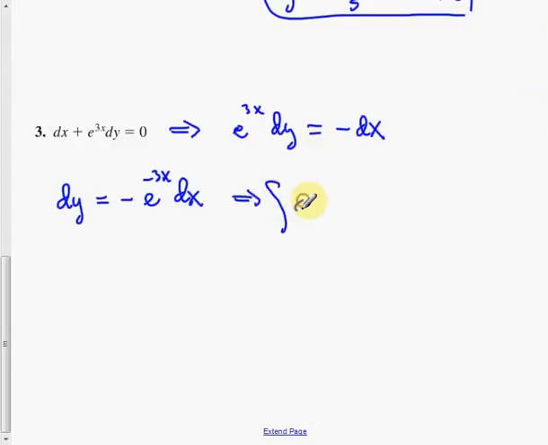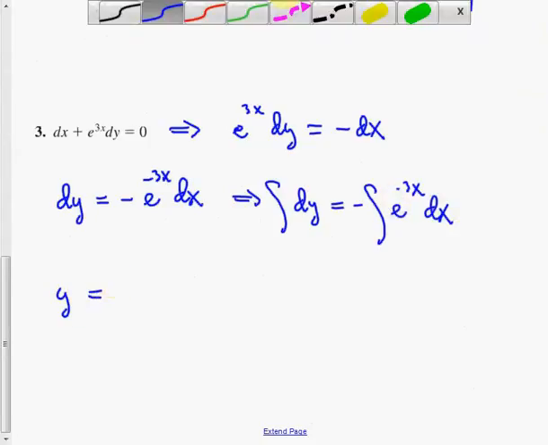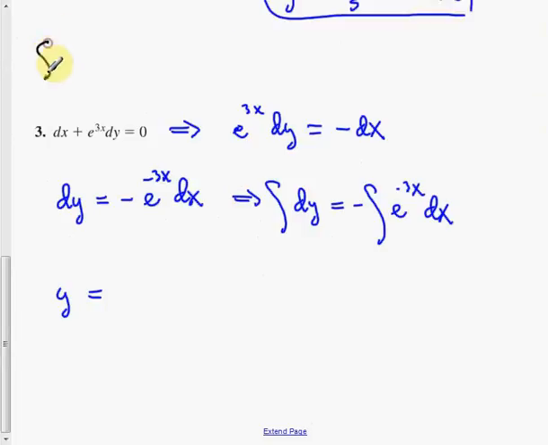So we have the integral of dy is equal to negative times the integral of e to the negative 3x dx. And so here the integral of dy is y. When I integrate e to the u, I have to make sure that I have du here. If I have u, I have to have this derivative there as well.